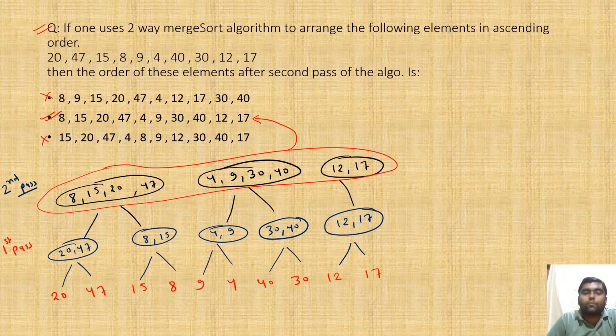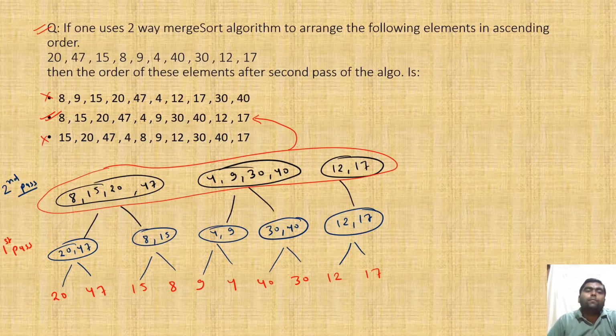And what is the time complexity of merge procedure? It is order of n. The overall time complexity of merge sort algorithm is order of n log n, because the recurrence relation is T(n) = 2T(n/2) + theta(n). Theta(n) is for the merge procedure.